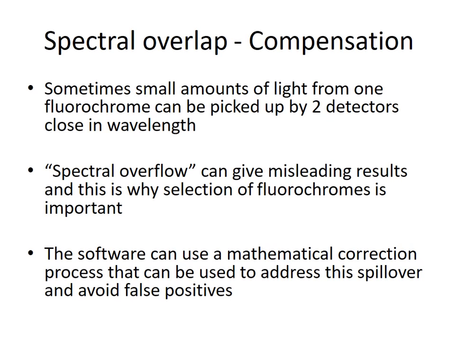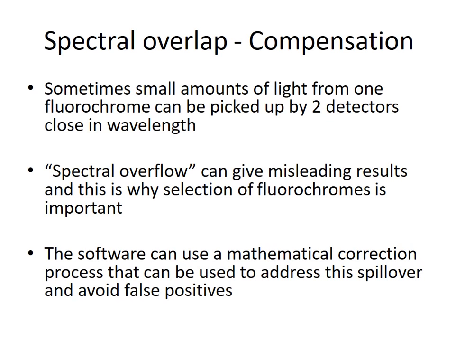Okay, so this spectral overlap can give misleading results. But there is a way around it. If we know how much overlap there is between one fluorochrome and another, we can tell the machine mathematically how to compensate for that. Okay?